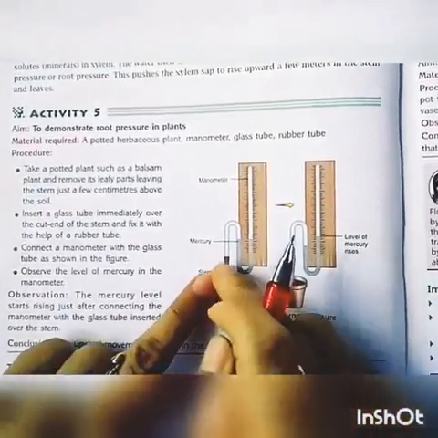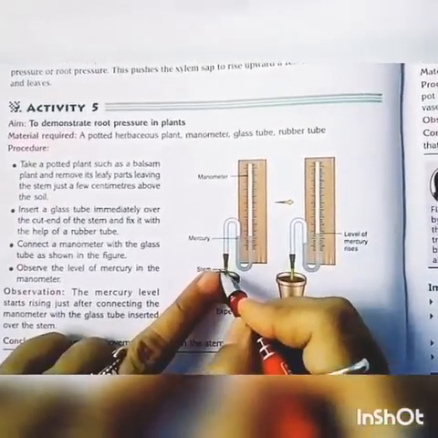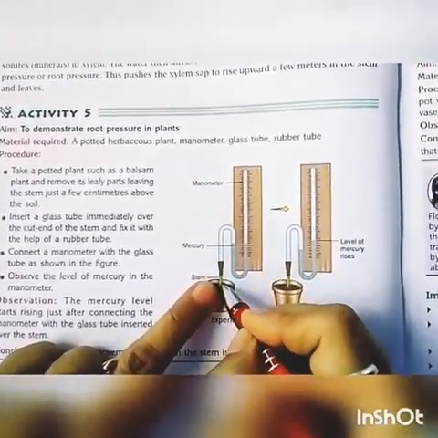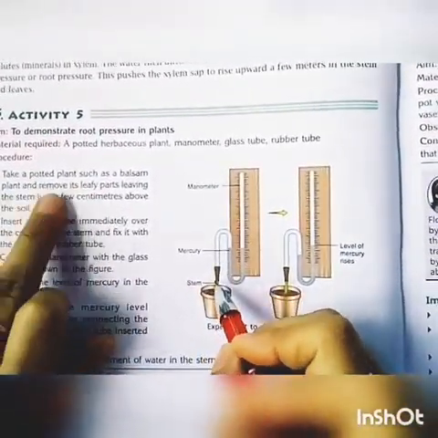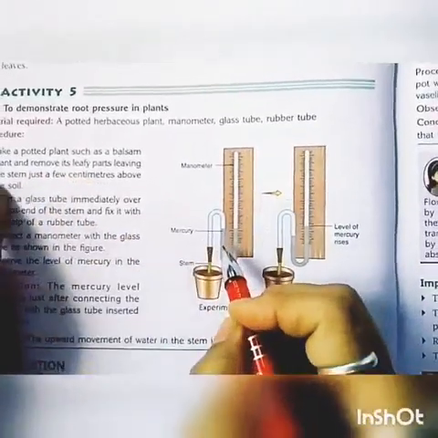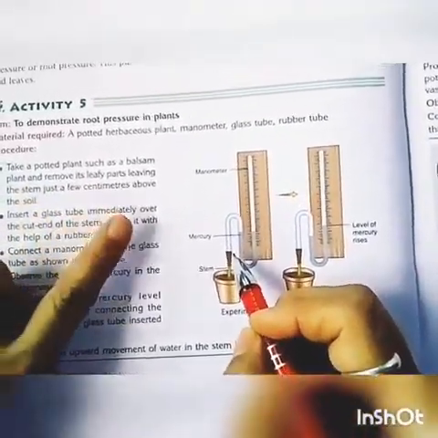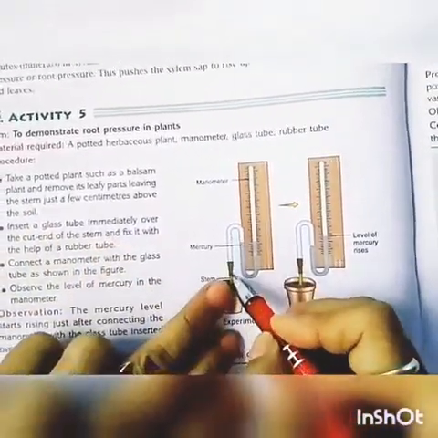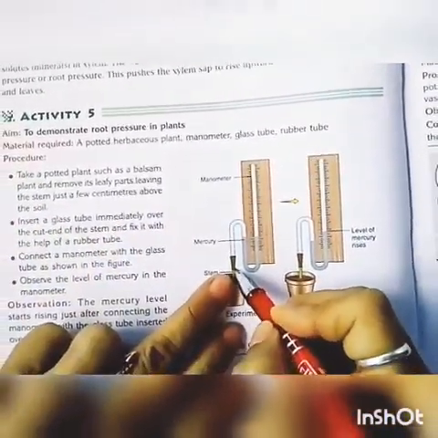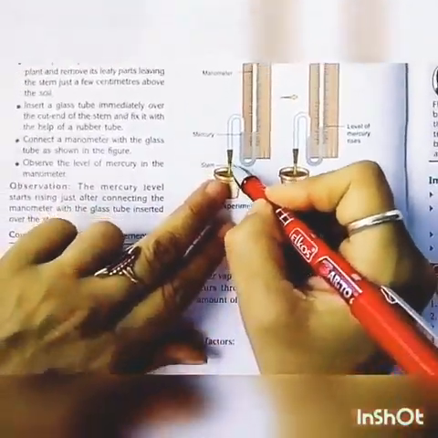You take a small plant and cut it from here, and when you cut, at the same time you fix the tubing in it. Take a potted plant such as the balsam plant, remove the leafy part and, a few centimeters above the soil, insert a glass tube immediately over the cut end of the stem and fix it with the help of the rubber tube.